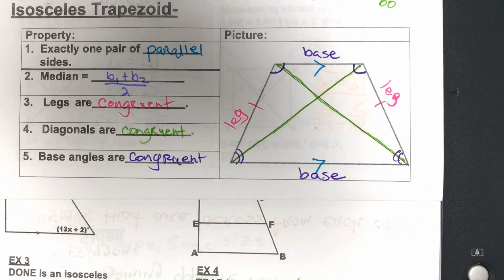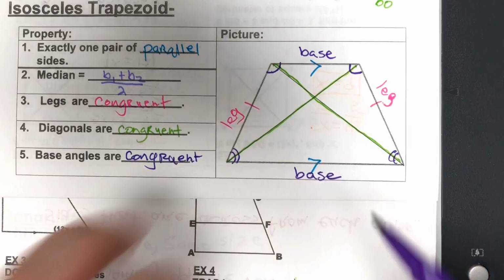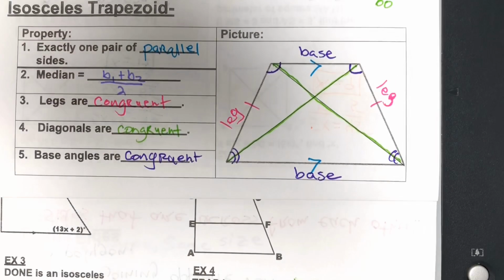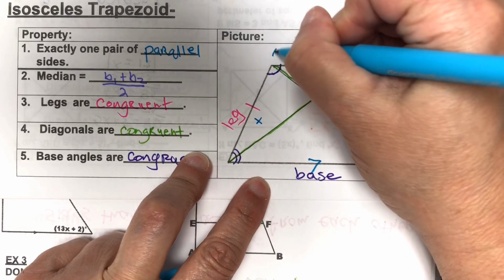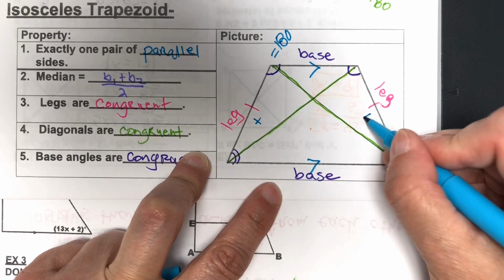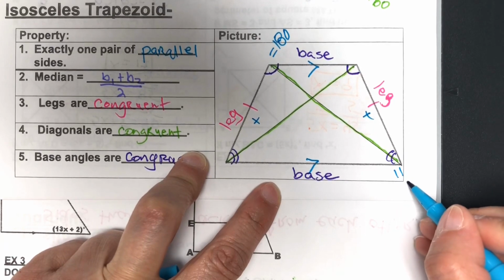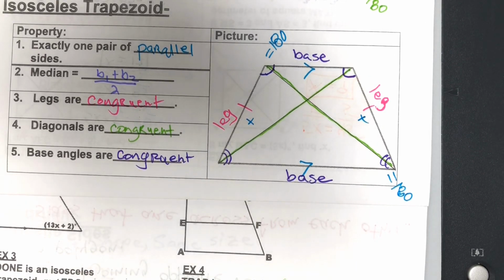Also remember, because these guys are parallel, let me go back to this. This angle plus this angle equals 180. This angle plus this angle equals 180. Okay? It's because of the parallel. All right, everybody, all good there, I hope.